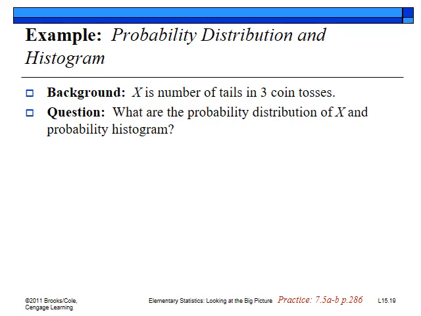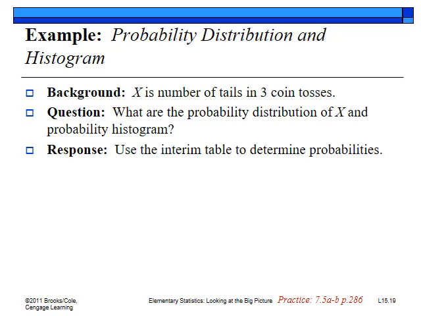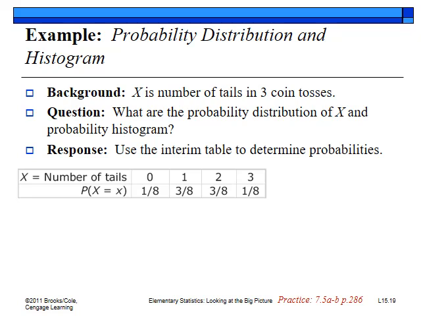So with the same problem, what does the probability distribution and the probability histogram look like? Well, if we look back at the interim table on the last slide, we see that x equals 0 in 1 of the 8 possible outcomes, x equals 1 in 3 of the 8 possible outcomes, x equals 2 in 3 of the 8 possible outcomes, and x equals 3 in 1 of the 8 outcomes.